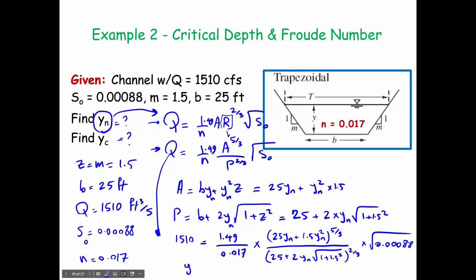From here, you should be able to find yn. If you have your calculator, at least try to see if you can solve it or not.